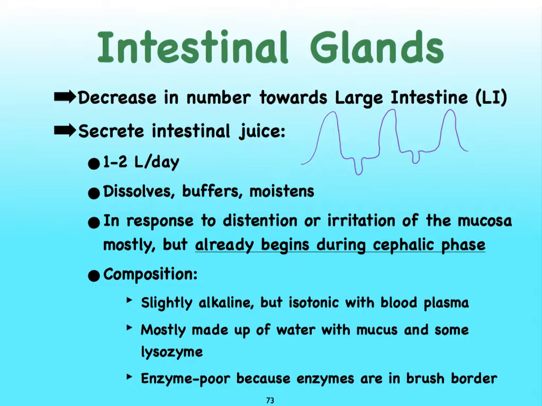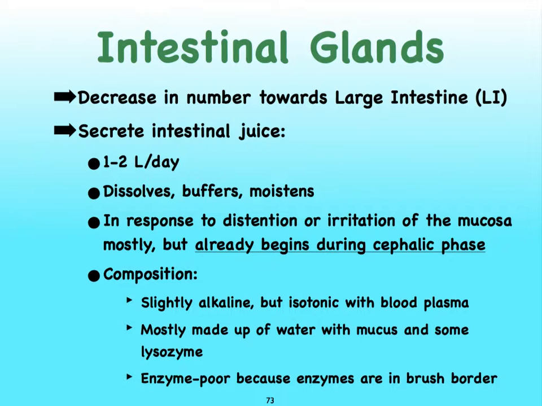These crypts are just the openings, and they lead to the intestinal glands. So this would be an intestinal gland, this would be an intestinal gland, very similar to what we saw in the stomach. The number of these intestinal glands tends to drop as we get closer and closer to the large intestine. So we see many of them in the duodenum, and then we see a lot less in the ileum.